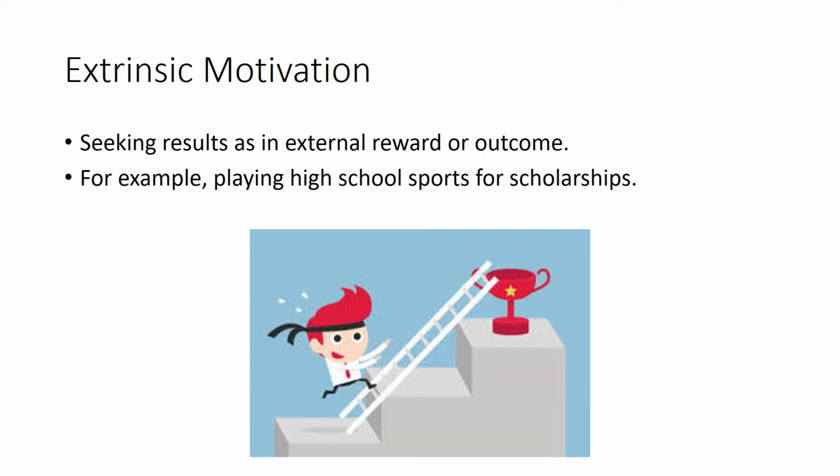For example, playing high school sports for scholarships. You're going to play a high school sport to get a prize, get a reward. Another example of this would be only showing livestock to get the money. You're working hard, you're motivated, whatever it may be, just because you want to get a scholarship or get money for that animal.